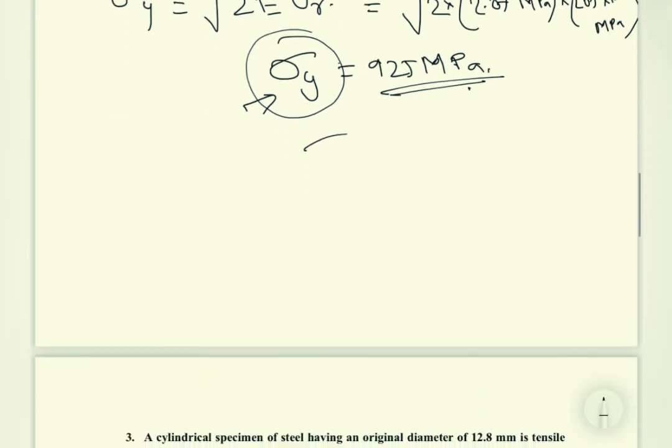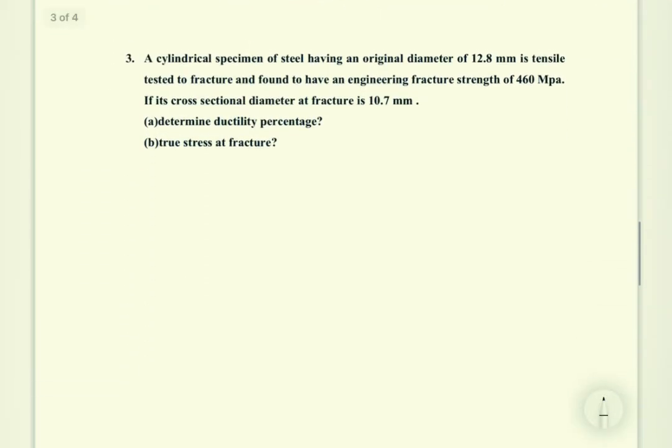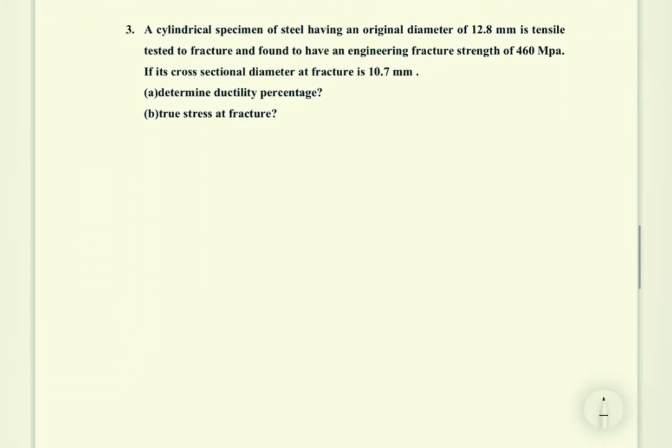So moving ahead to the next problem. What are they saying? A cylindrical specimen of a steel having original diameter 12.8 millimeter. So again here a similar kind of image.